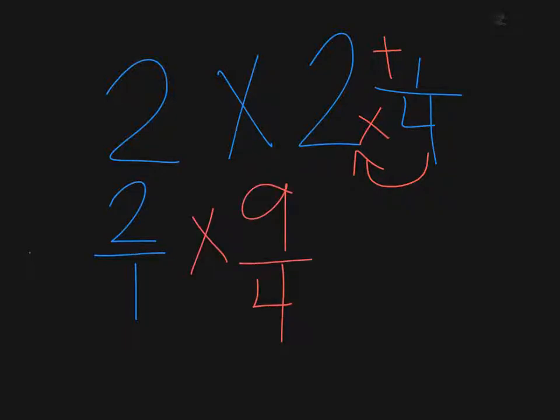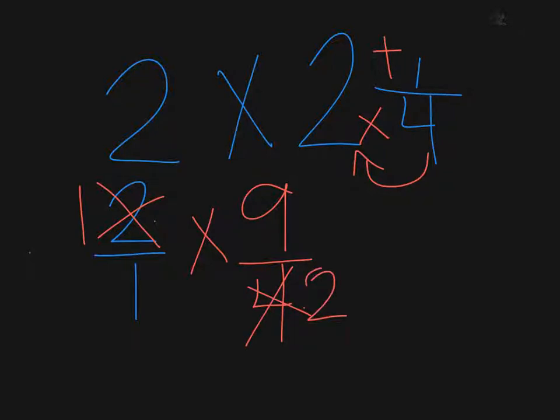All right. Can we cross out anything? No. Yes, we can. We have a 2 and we have a 4, and we know those numbers are what kind of numbers? Even numbers. And no matter what, an even number can always be divided by what? 2. So I'm going to say 2 divided by 2 and get what? 1. 4 divided by 2 and get 2.